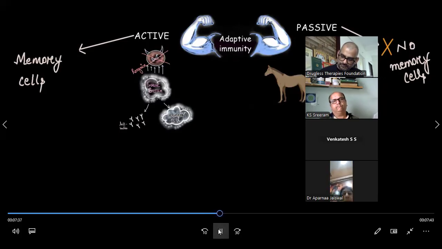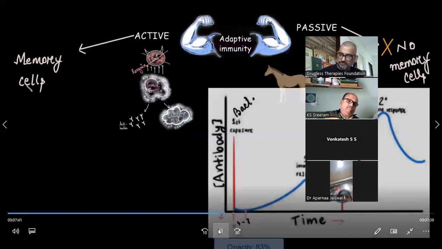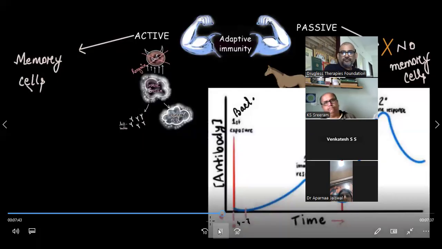And the next difference lies in the time of action. So let me bring in the graph again. Let's first discuss active immunity. This is the first day when the foreign invader entered the body, and this is the number of days our immune system took to act against that foreign invader. So it took around 4 to 7 days.